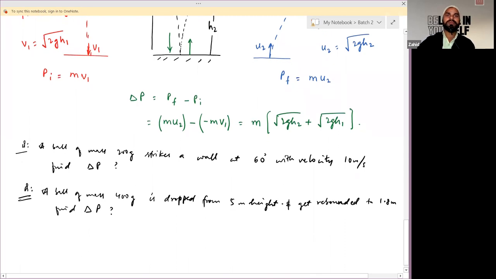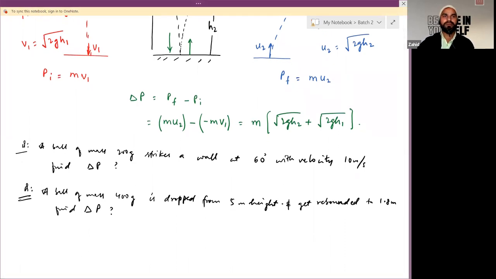Try to solve these two problems using the above two concepts.